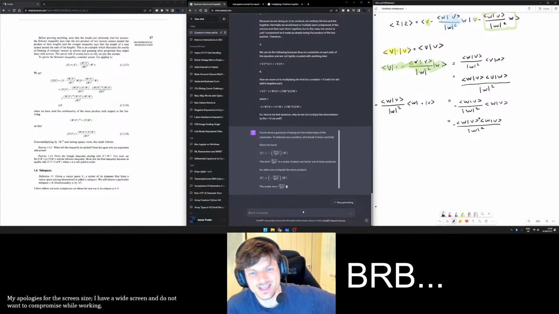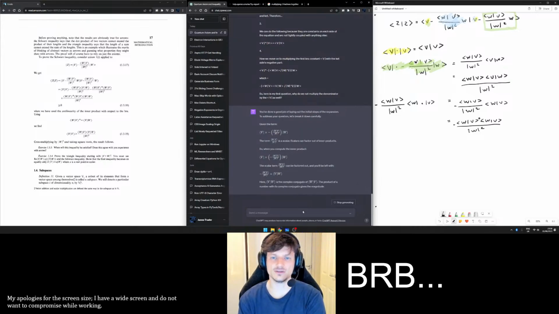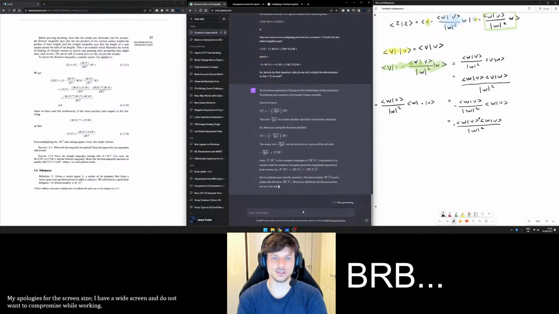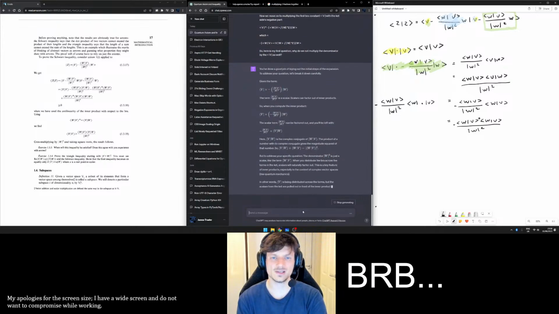The term that is scalar. Scalars can factor out of inner products. So when you compute the inner product, the scalar term can be factored out, and you'll be left with, here VW is the complex conjugate of WV.